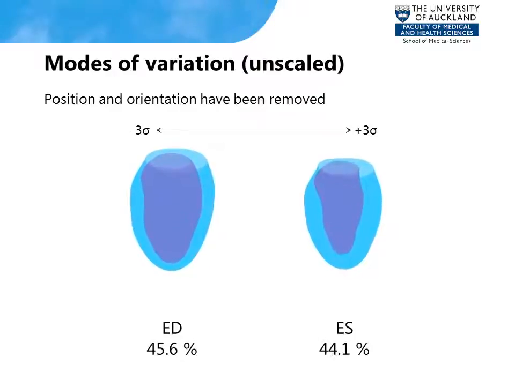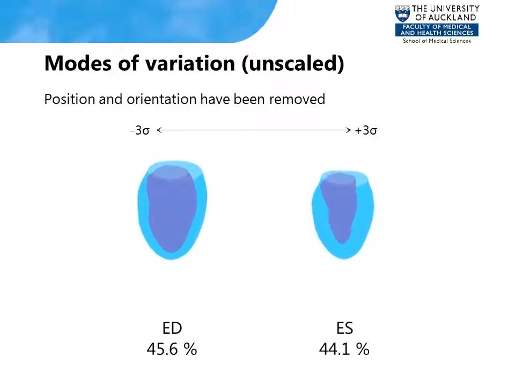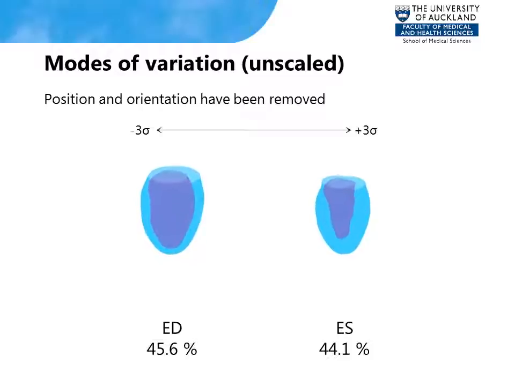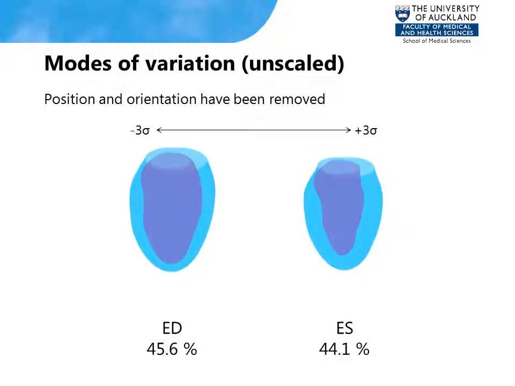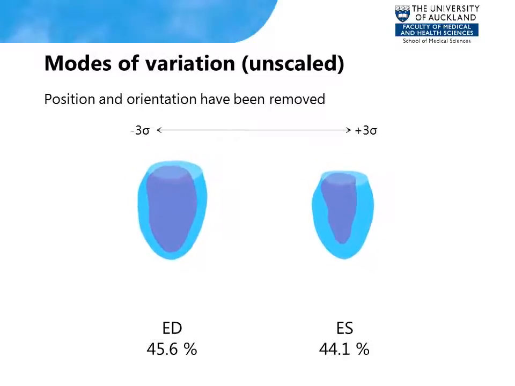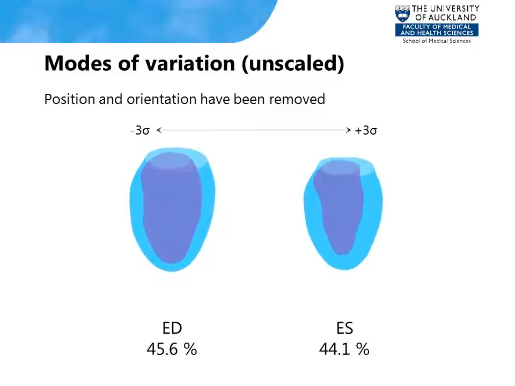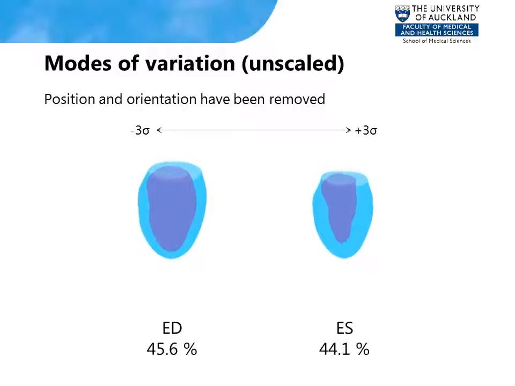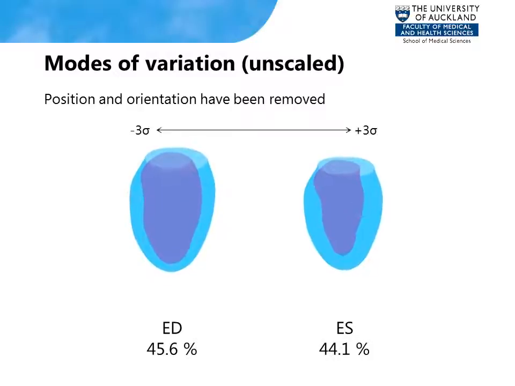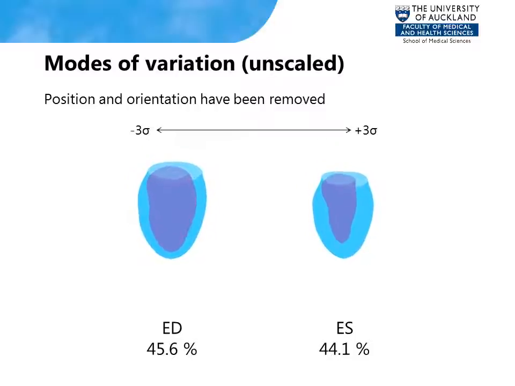If we do not include scaling in the Procrustes alignment, as in our previous example, size is the dominant mode, explaining almost half of the variation at end diastole and end systole. The animations show different weightings of the mode, from -3 standard deviations to +3 standard deviations, virtually covering the whole population.